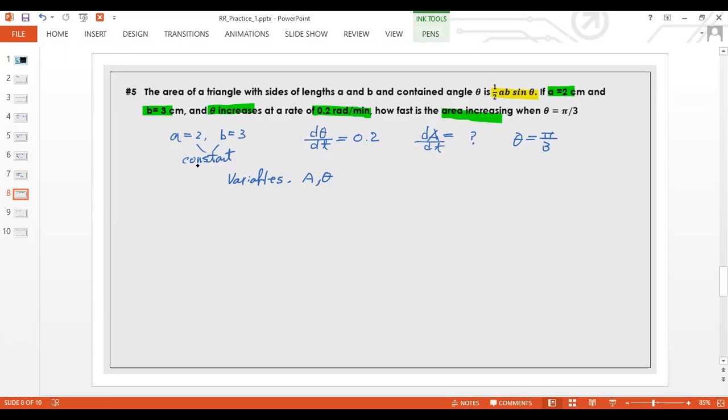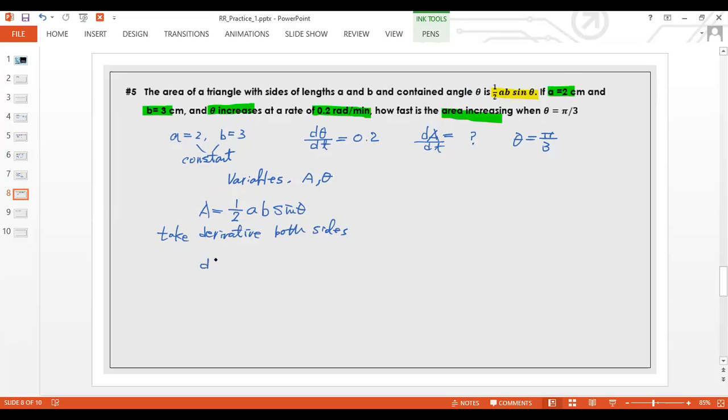Now, I would say the hardest part is to find a relation. Here it's pretty nice, it already gives you the relation. We learned this in pre-calc, how to find the area of a triangle if you know two sides. So this will be 1/2 AB sine theta. Okay, now take the derivative of both sides.